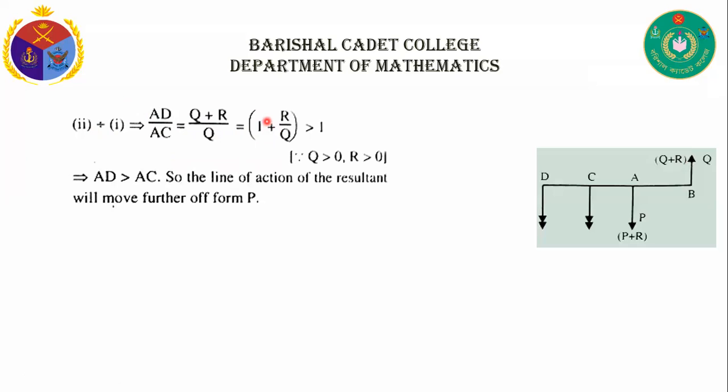So we can write AD equals something greater than 1 into AC. Here AD is greater than AC, so the line of action of the resultant will move farther from the force P.